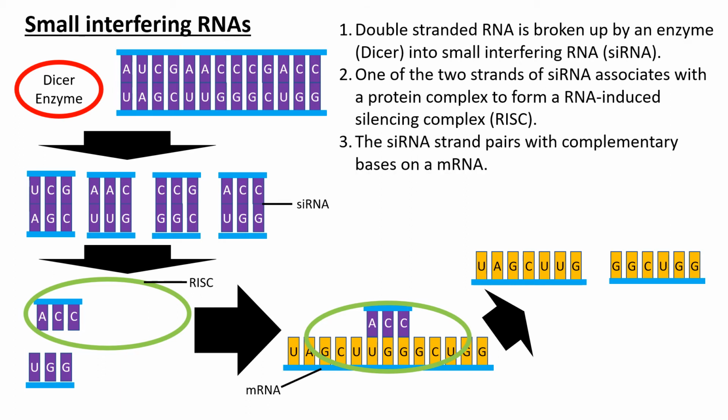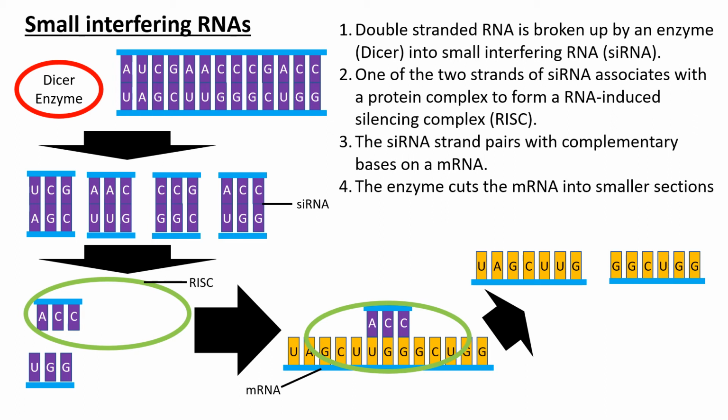What that means is that that small interfering RNA is now able to complementary bind with something else, and what it will complementary bind with is another messenger RNA strand that was on its way to the ribosome to be replicated.